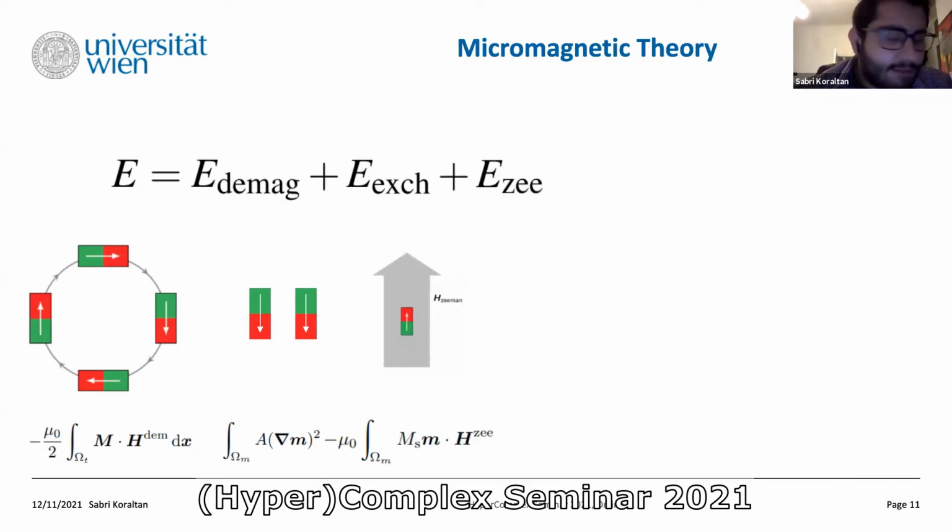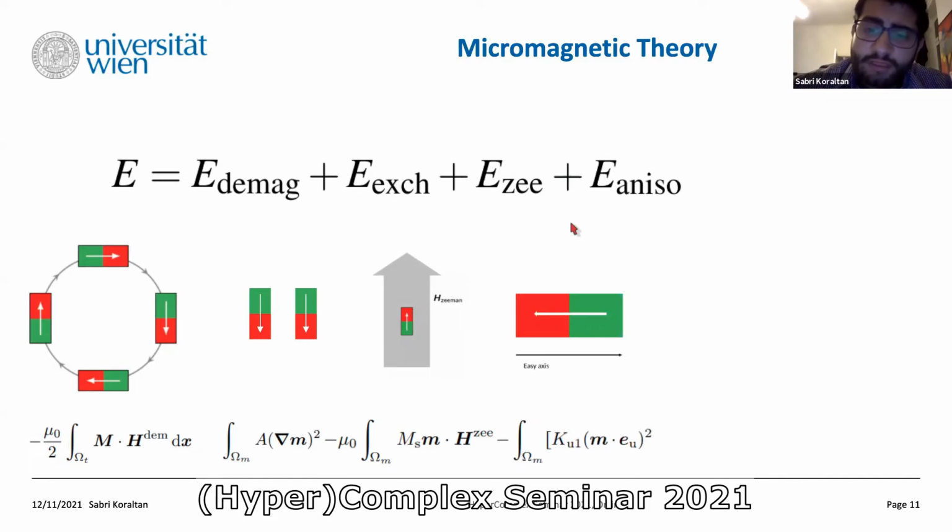Then we have the Zeeman energy. So we apply an external magnetic field, and the magnetic spin tries to be aligned with the field. Then we have the anisotropy, and here we show the easy axis, which means that the magnet has a preferred direction in which it would like to stay magnetized.